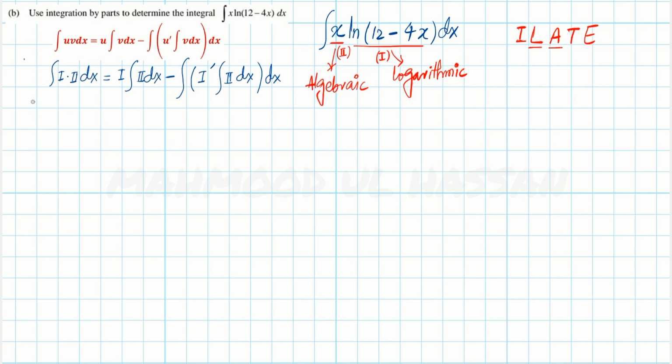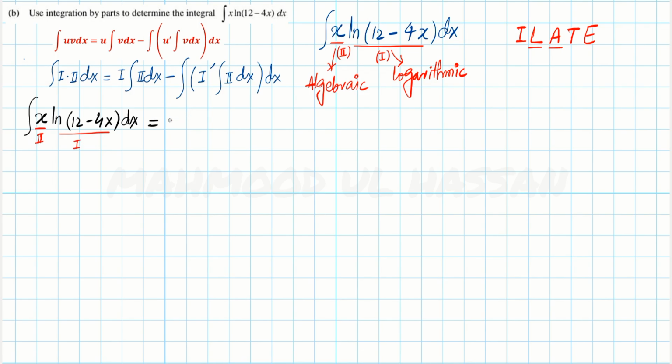So now the integral of x times natural log of 12 minus 4x dx is equal to: clearly, x is our second function and natural log of 12 minus 4x is our first function.